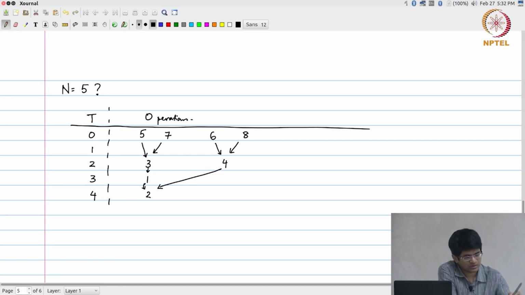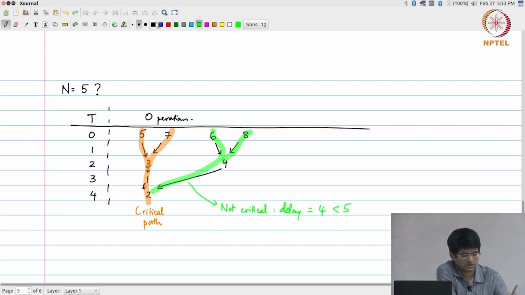What you can see from this is this or this, either one of those is a critical path, whereas this one over here is not a critical path. So you see the difference between those two paths.